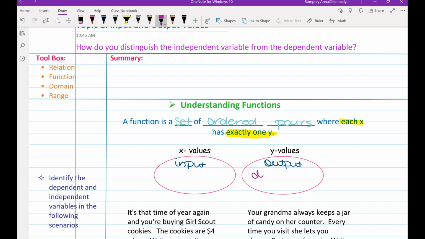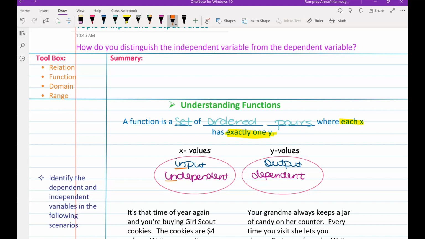The y values are our dependent, and our x values are the independent. So x values, they're inputs, they're independents, and that's how I remember them.